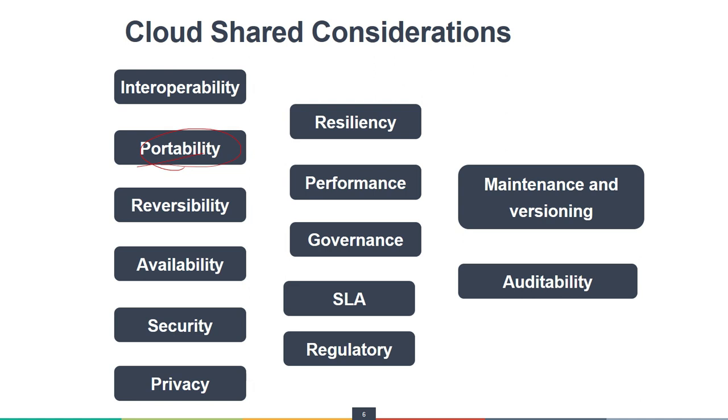Availability is a key pillar of security. Usually the provider offers 99.9 percent availability. So what your contract says, and what is your need. Sometimes some customers need to have five nines availability or seven nines availability.